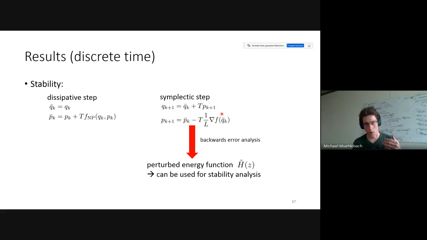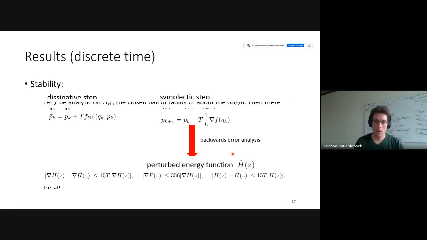Remember, for the continuous time analysis, we characterized the region of attraction by looking at the energy function. Here, because we do the symplectic discretization, we can use this perturbed energy function for analyzing the region of attraction in discrete time.